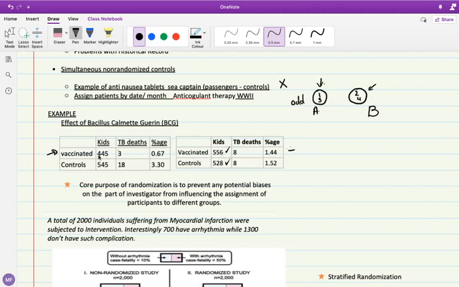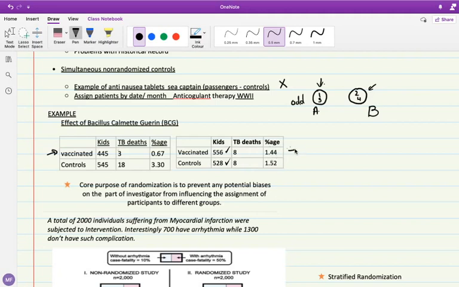Over here the physician was biased. He was administering the vaccine to the cooperative parents as compared to the non-cooperative, or you can say poor, parents. Those kids were not given the proper vaccine. Here, randomly, let's say on odd or even dates, the kids were given the drug, and then the analysis says that deaths due to tuberculosis were almost the same.